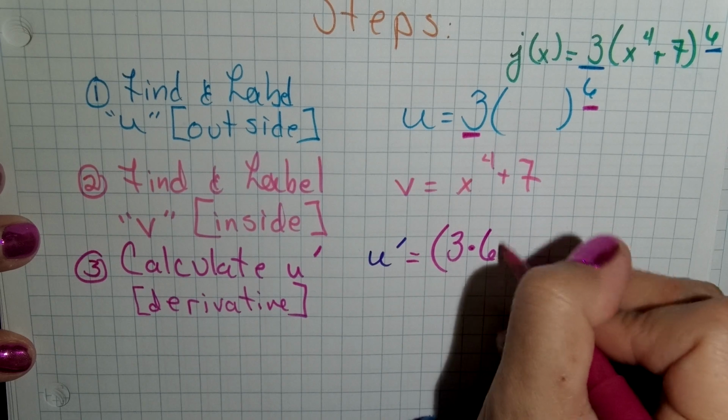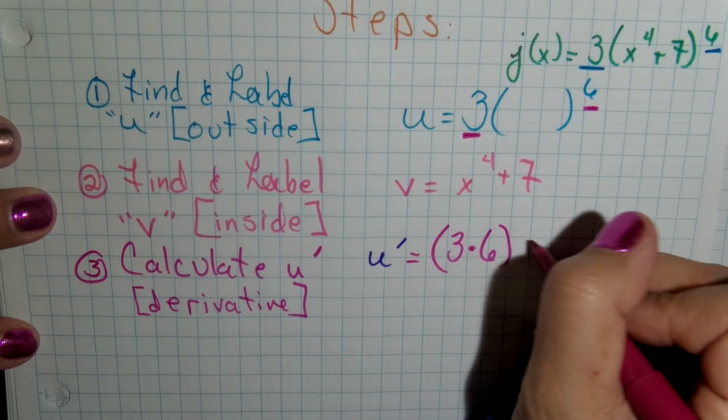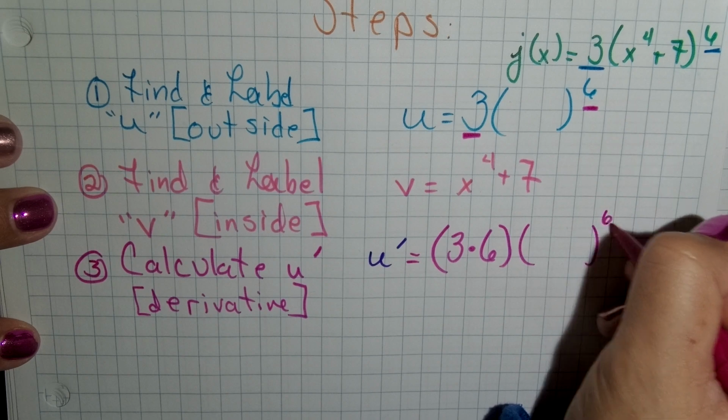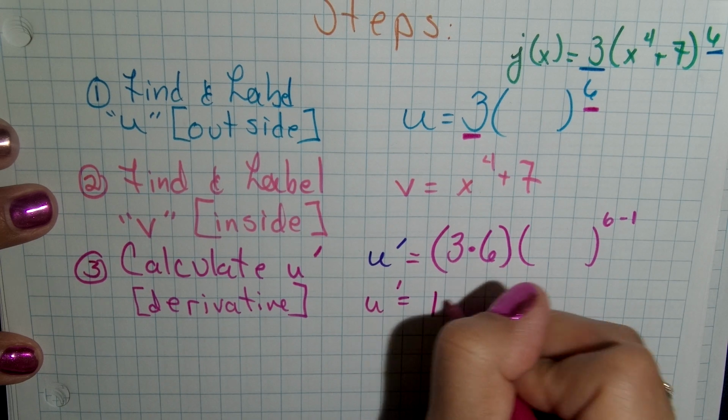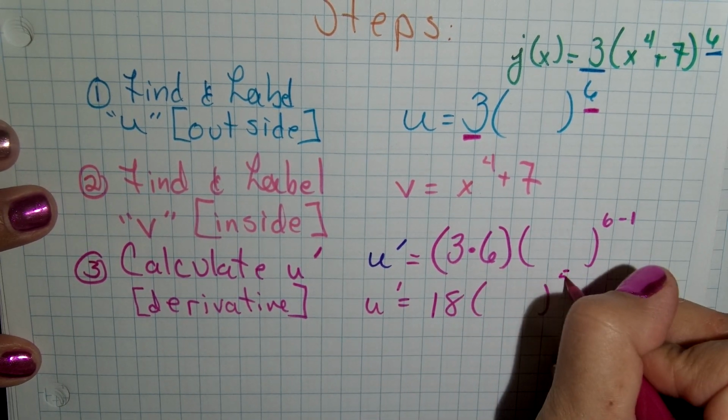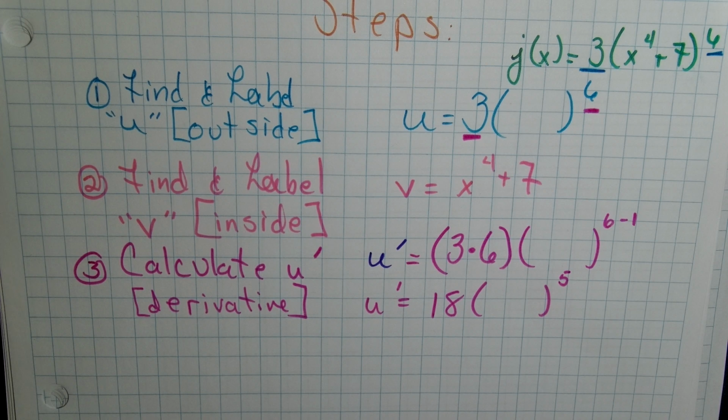Multiply. Yes, you multiply the coefficient and exponent, and then you subtract 1 from the exponent. So u prime is 18 times some quantity raised to the 5th power. Any questions on that? All I'm doing is using the power rule. Any questions so far?